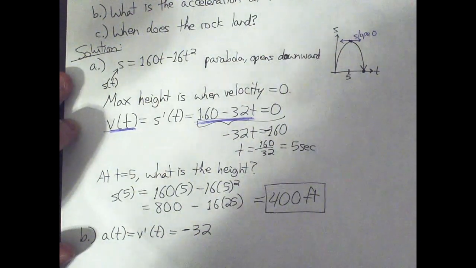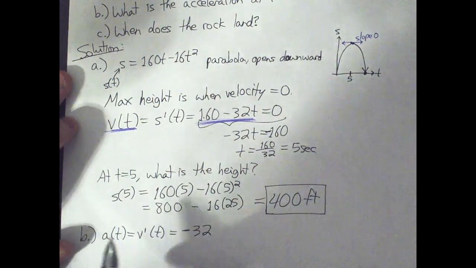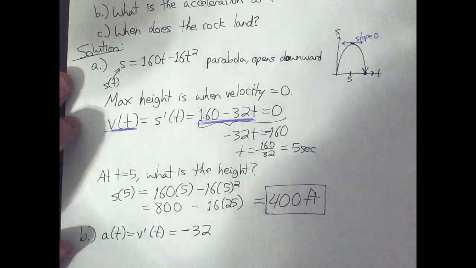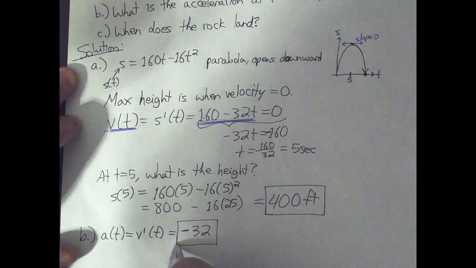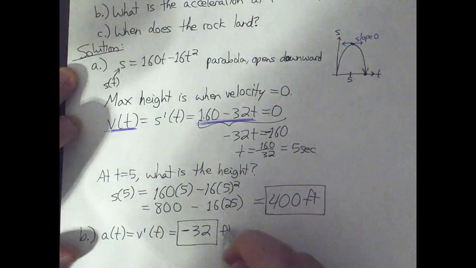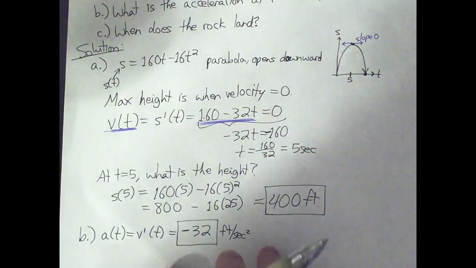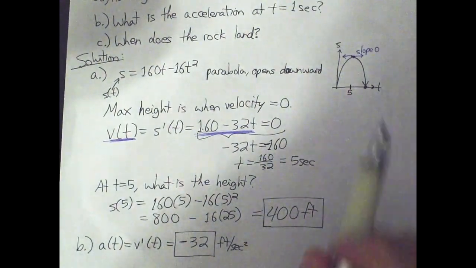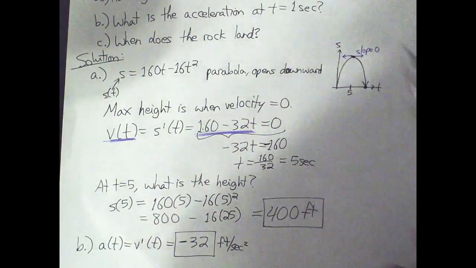There's no t's or anything like that. We just got a formula for the acceleration. We said the acceleration at time t is negative 32. That is going to be the answer. Technically, we could say it is measured in feet per second squared. And you might say, wait a second, this problem asked us for the acceleration at t equals 1, and it seems like I didn't even use the t equals 1.